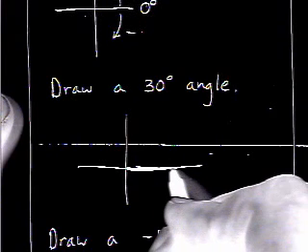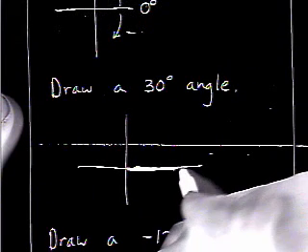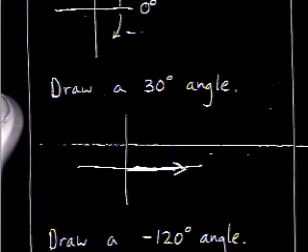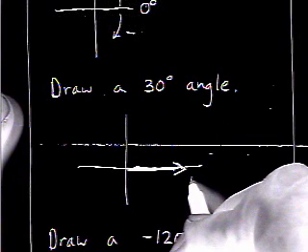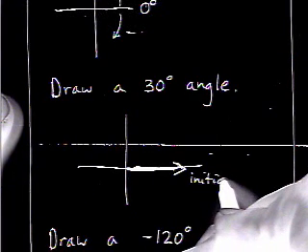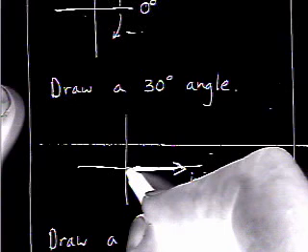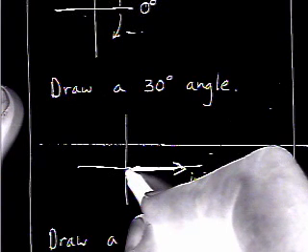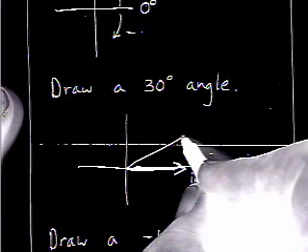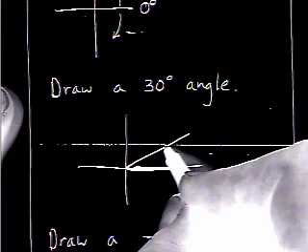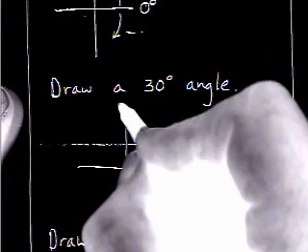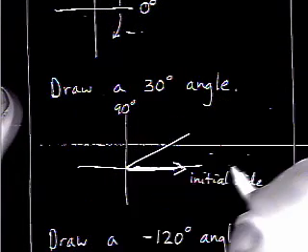All right, you got your axes. The first side that you need to draw is always out towards this way, and that is called the initial side. And then you measure the 30-degree angle, something like this, because from here to the top is 90 degrees.